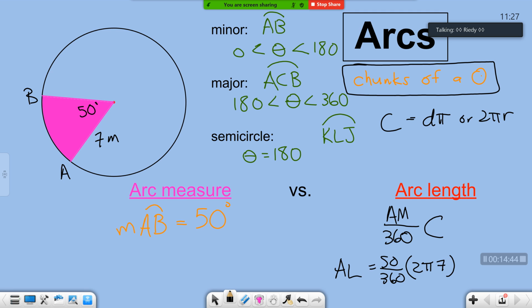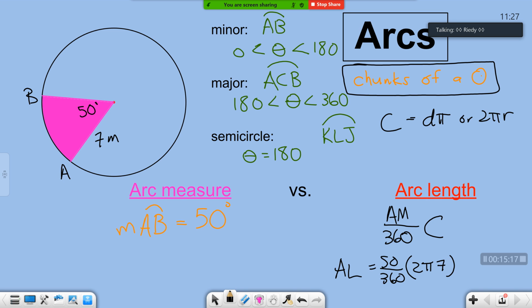How would I find the pink area? Megan, ideas? Oh, so wait, somebody else. Go ahead. Would you take that same fraction, 50 over the 360, and multiply it by like the area formula? Lovely. Thank you, Elena. That's perfect.